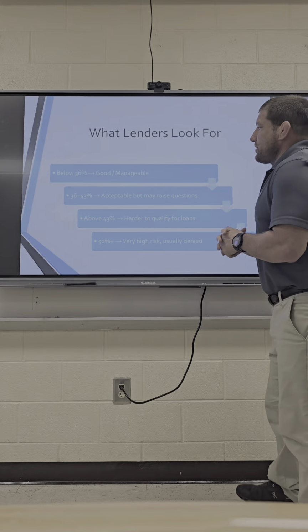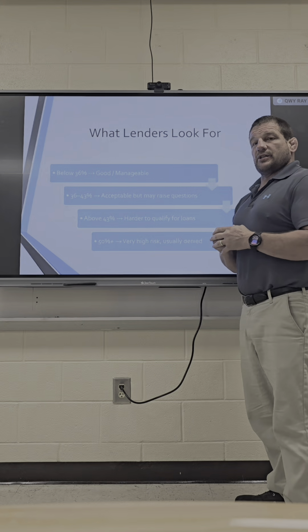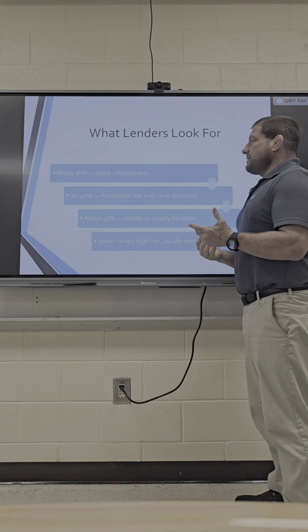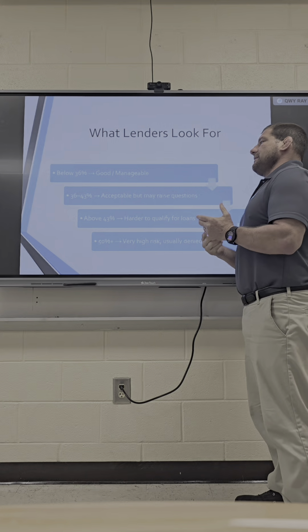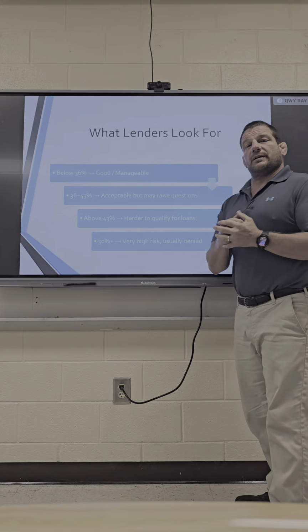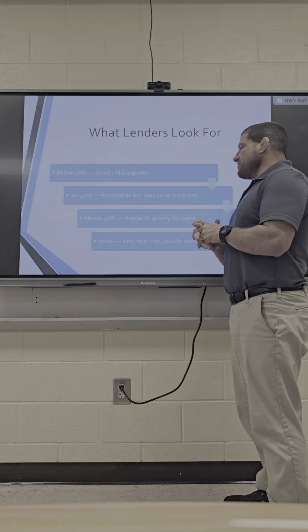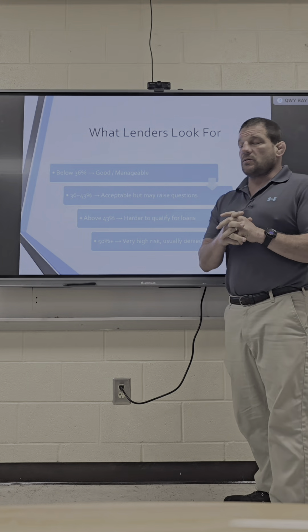They want it below 36%. Anything below 36% is good and manageable. 36 to 43%, it's acceptable, but may raise some questions, so they might have to look into something else further. Above 43%, it's harder to qualify for loans.